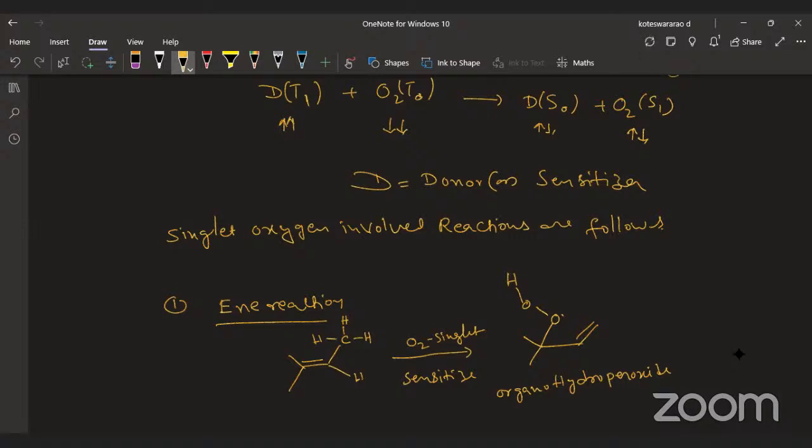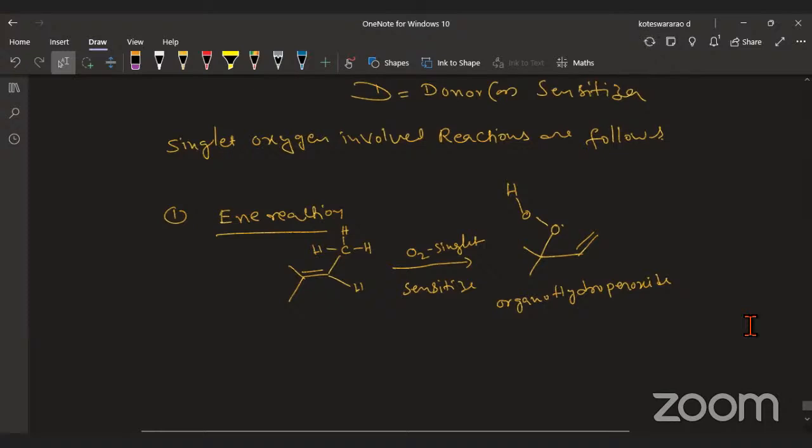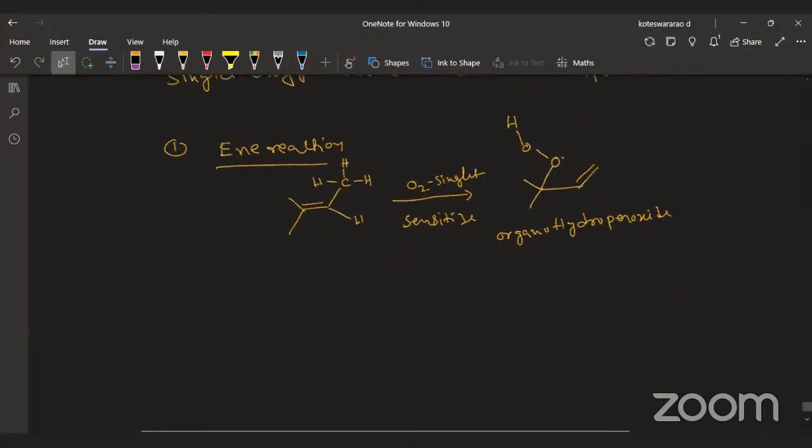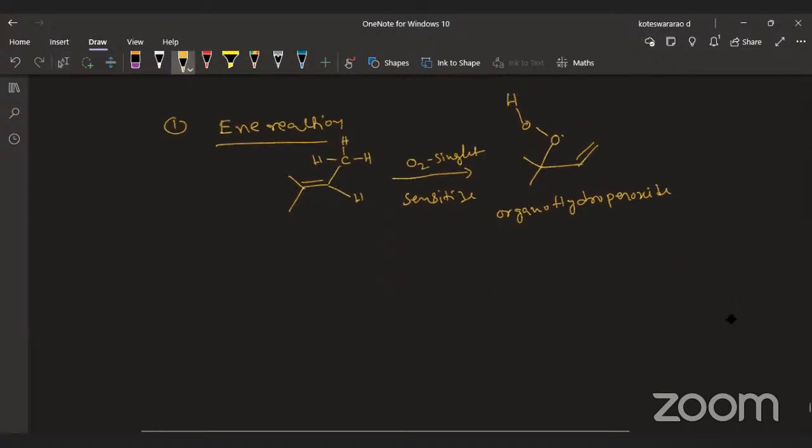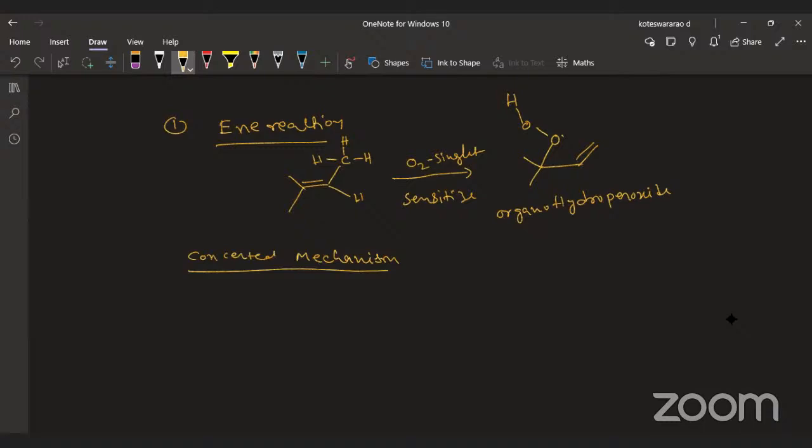How does this reaction take place? Mechanism. When the reaction involves the concerted mechanism, the intermediate cannot be isolated. In the concerted mechanism, take the same starting material.